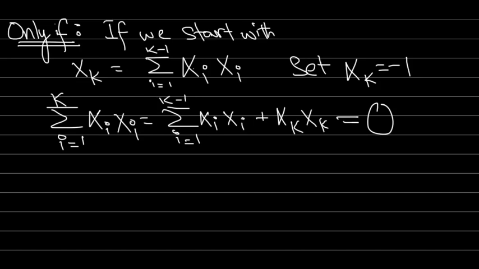Then if we set alpha k plus 1 equal to alpha k plus 2, and so on, up to alpha n.